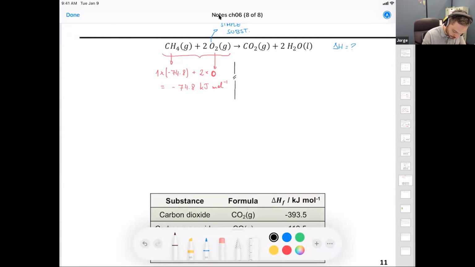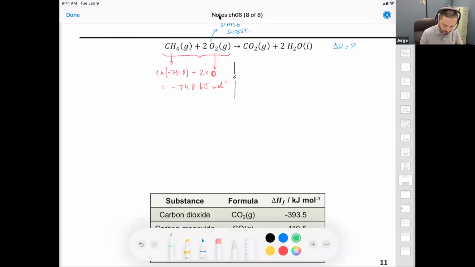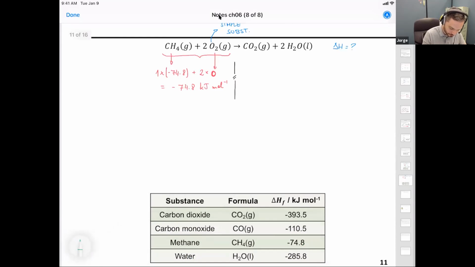And we are going to do the same thing for the product side of the reaction. So let's determine the energy level for all these compounds here. Starting here with CO2, we only have one CO2. Now look at the difference of the enthalpy of formation for CO2 compared with carbon monoxide.